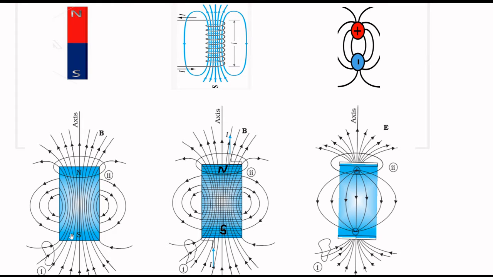They enter at south polarity and leave out from the north polarity of the bar magnet. The field lines pass from north to south externally and south to north internally.